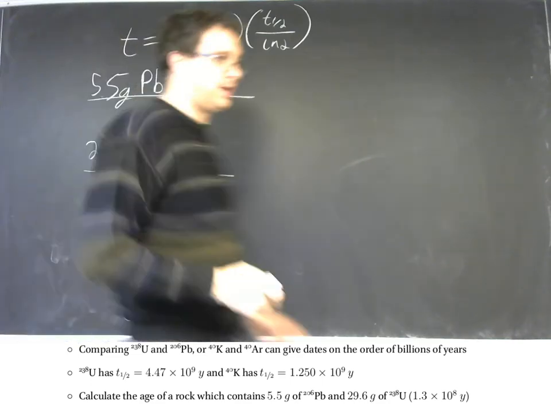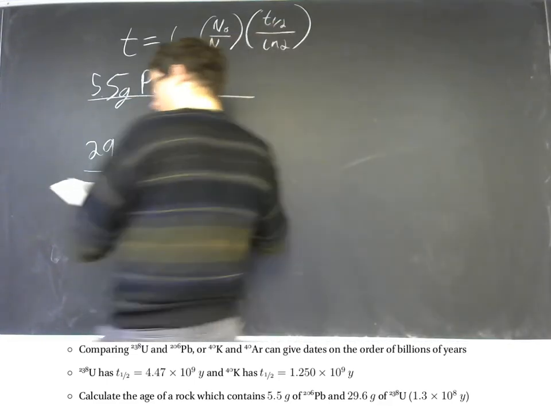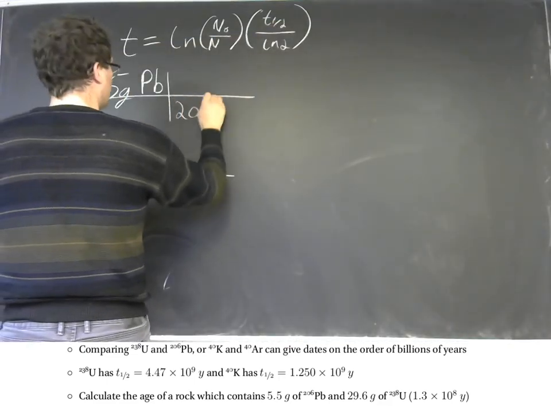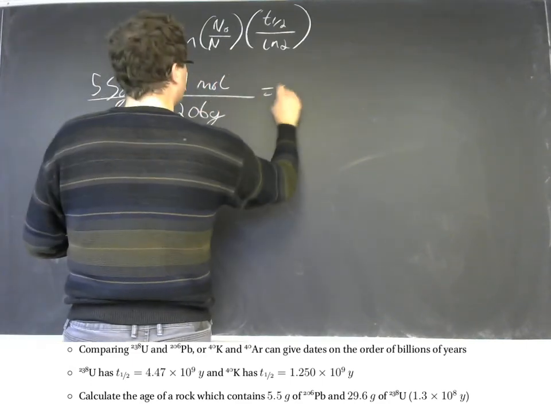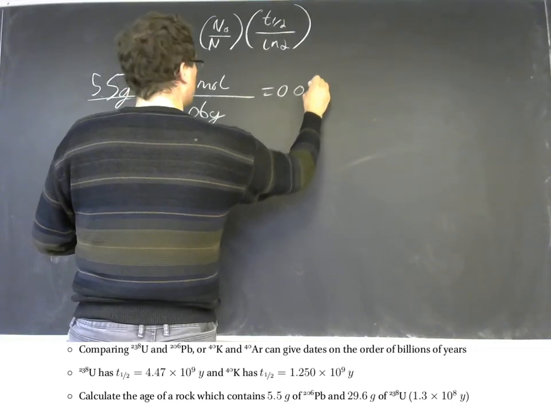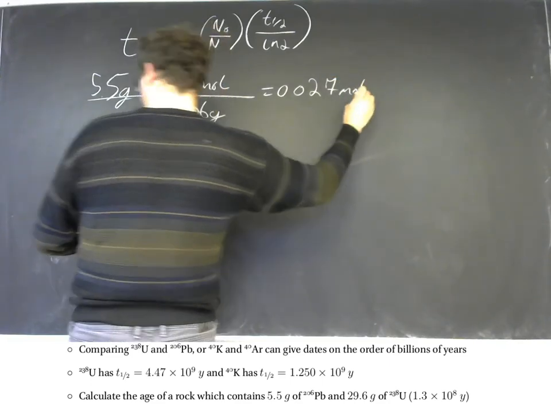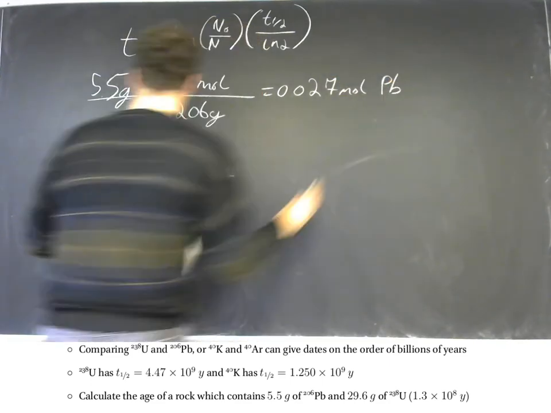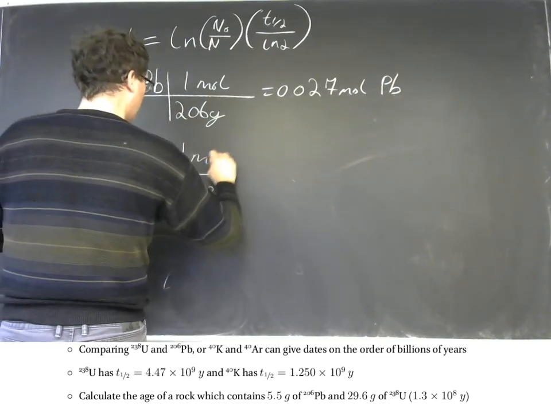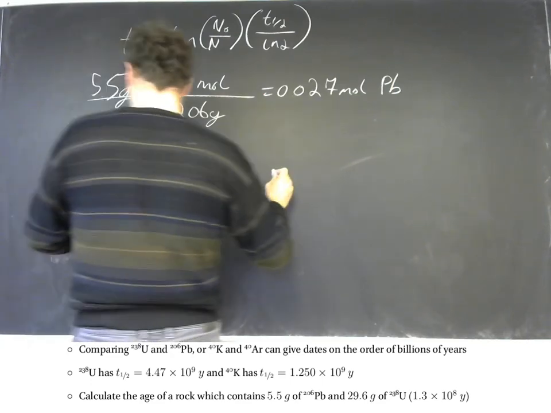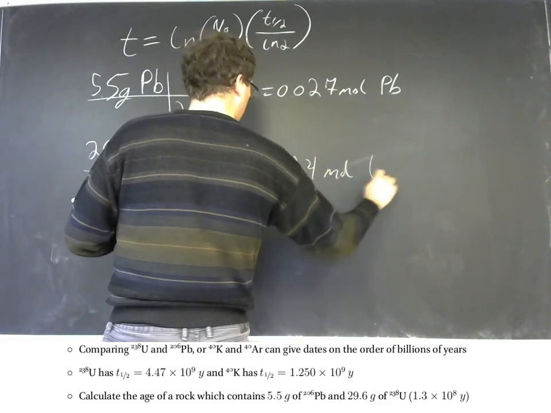And what we really care about are the numbers of moles. So the lead is 206 grams per 1 mole, and that's going to be 0.027 moles of lead. And the uranium is 238 grams per mole, and that is going to equal 0.124 moles of uranium.